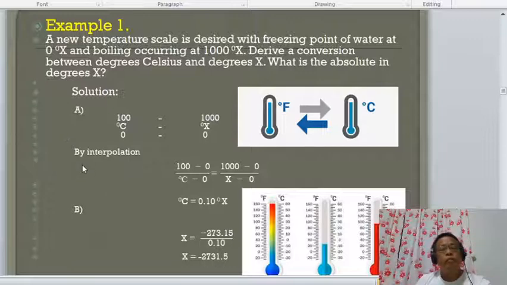So, substituting that value here, that is negative 273 divided by 0.1, the absolute value is, of course, negative 2,731.5. Okay, so that is the example if you are going to devise another temperature scale.